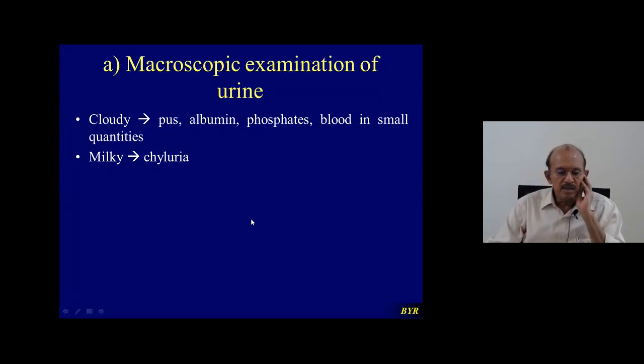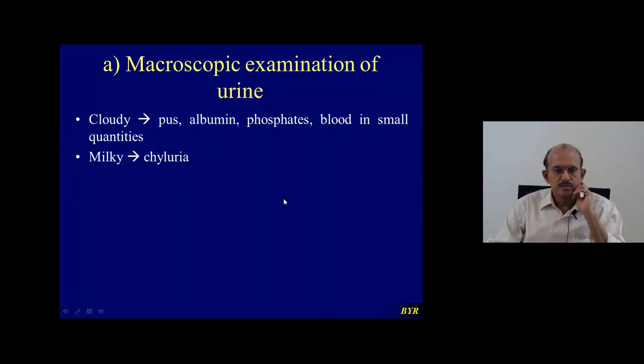There are altogether 6 types of incontinence. Unless you know about that, I cannot explain why hesitancy and incontinence can be there in a single person. Okay? Milky urine, did you ever see milky urine? That is seen in chyluria.